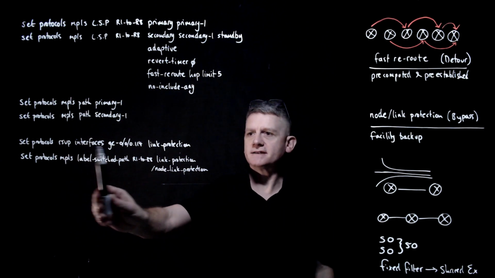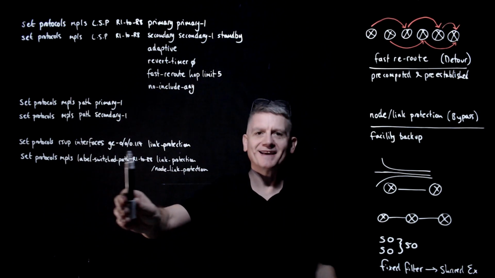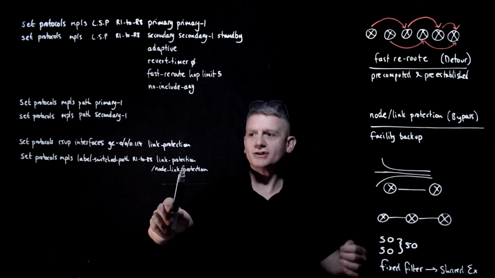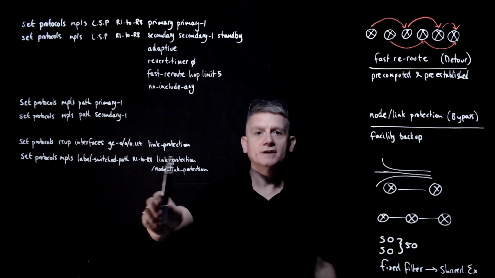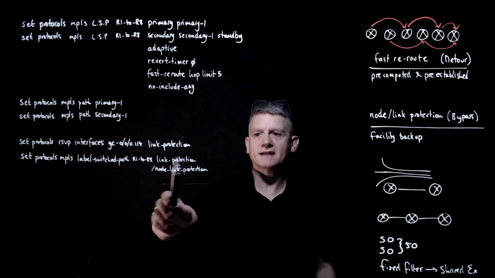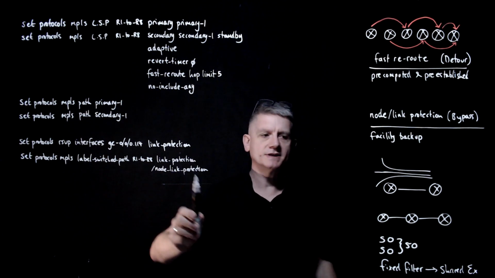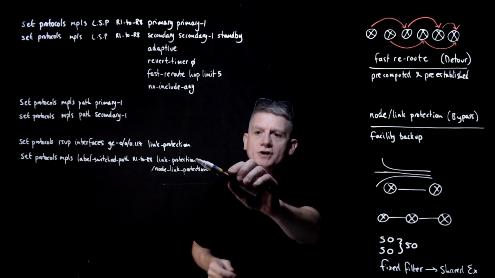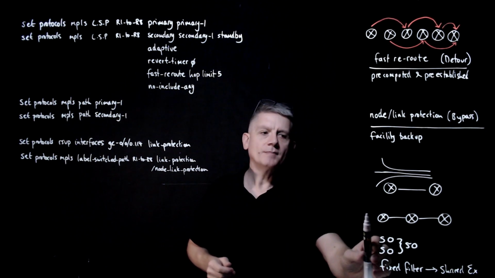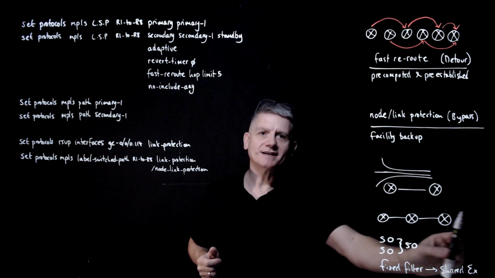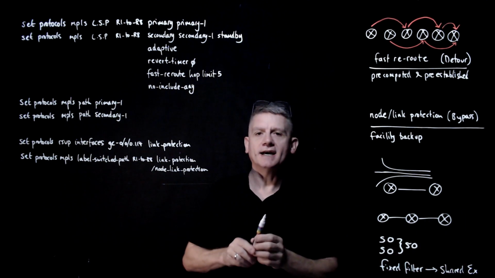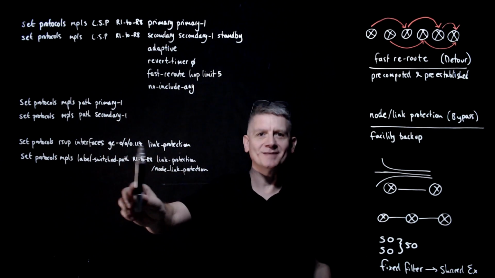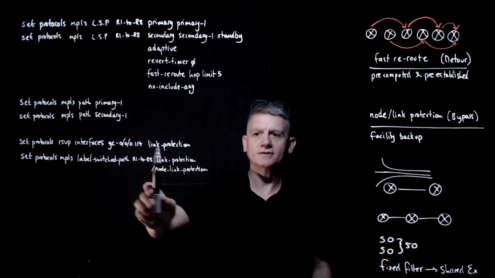Firstly, on the interfaces themselves, you have to make the feature available by turning on link protection, and then you have to choose on the label switch path to request it, and that's done with either link protection or node link protection. So here, if you put link protection or node link protection on the path, then it will try and signal that as the path is established, and as it reaches a router, of course, the link needs to be enabled for link protection for it to be signaled.